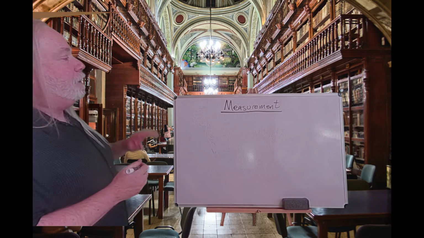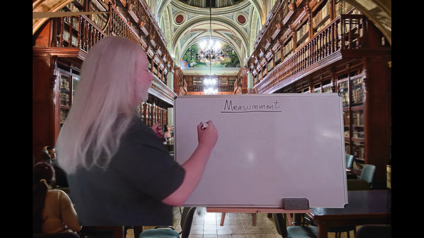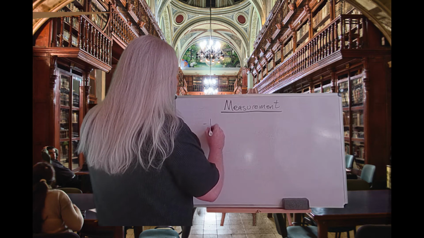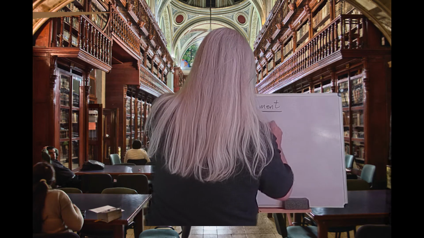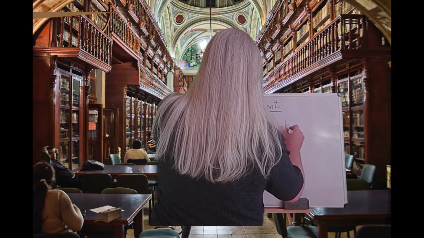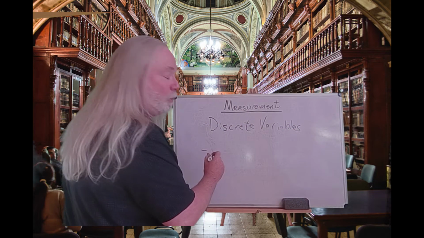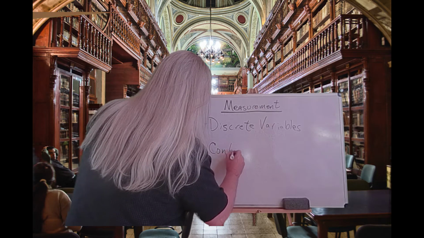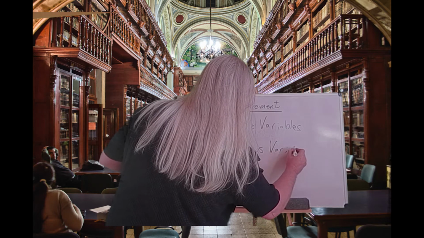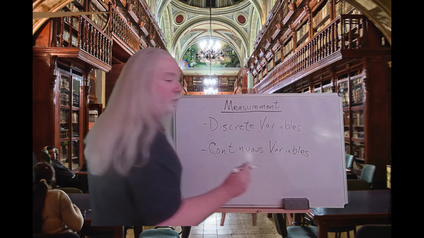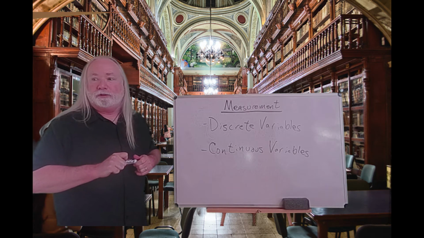So one way of thinking about measurement, a very simple overview, is thinking about some variables as either discrete variables versus what we call continuous variables.